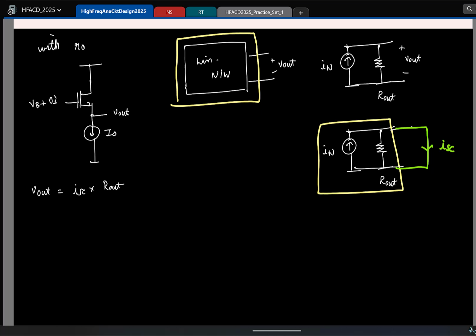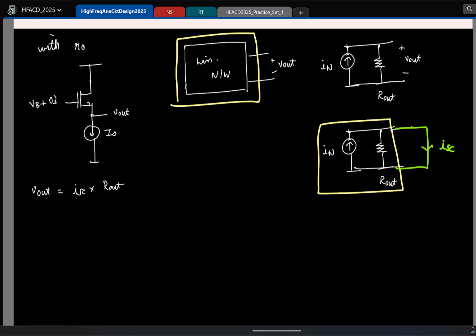And let's say in this circuit or any circuit, I'll have short circuit current flowing because I have applied some voltage source here. And this is a linear network. How will the short circuit current be related to the voltage? It's a linear network, so the relation will also be linear.